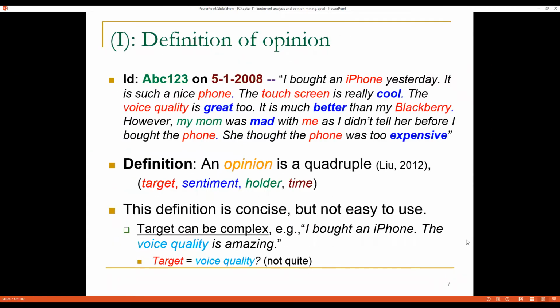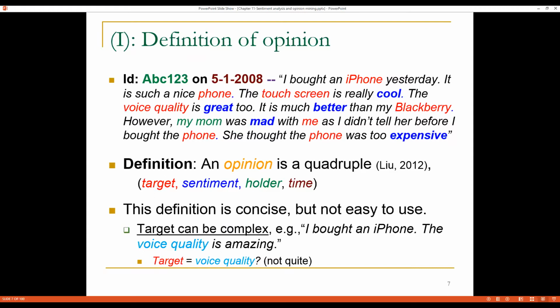So they first describe an opinion as a quadruple, which is broken down into a target, a sentiment, a holder, and a time. You can read here in the blog they have up: "I bought an iPhone yesterday. It is such a nice phone. The touchscreen is really cool. The voice quality is great too. It is much better than my BlackBerry. However, my mom was mad with me as I didn't tell her before I bought the phone.